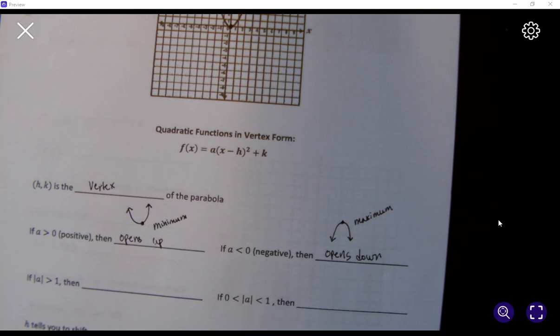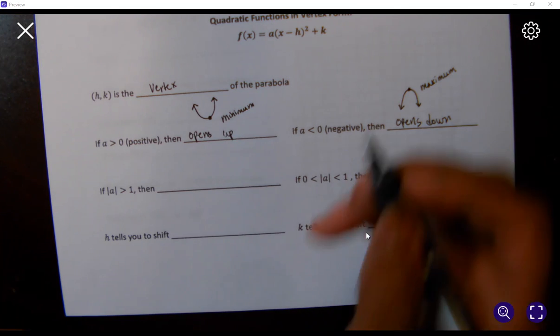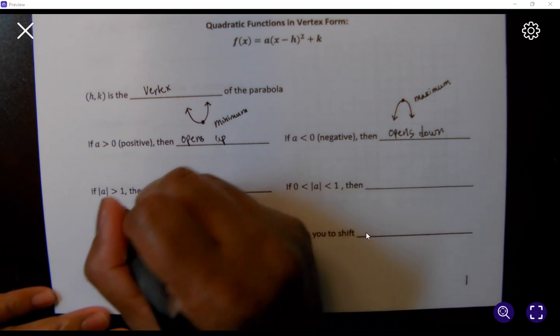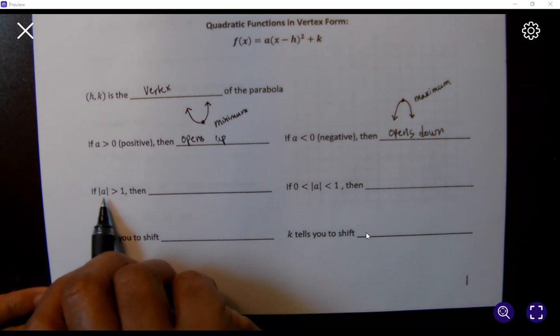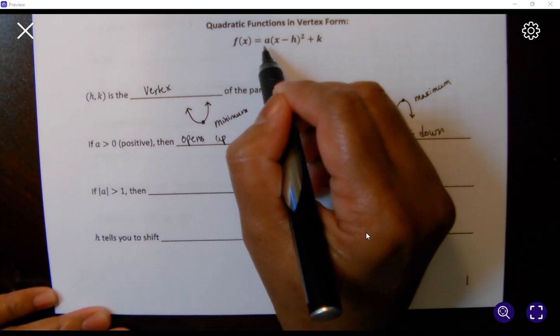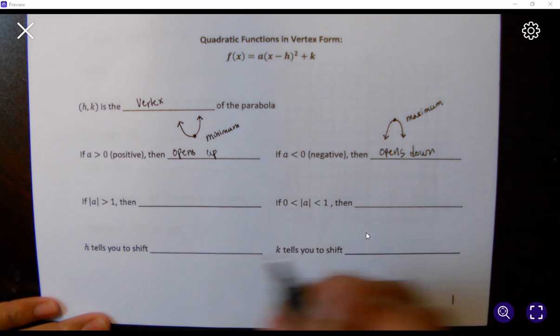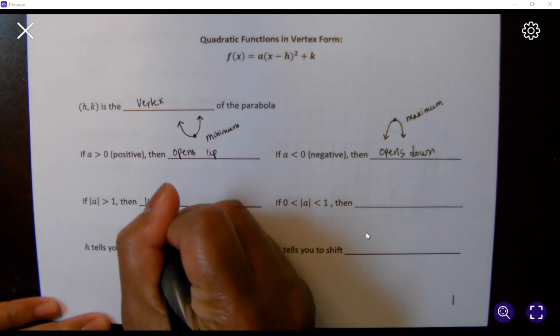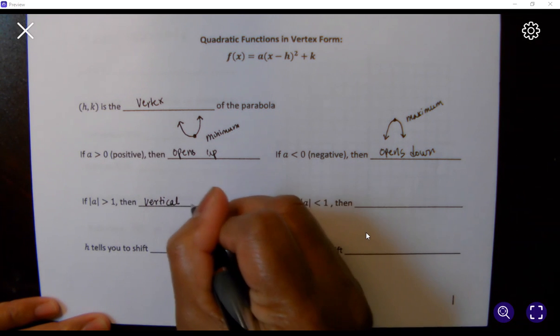Okay, and then so here, if your A is greater than 1, and this absolute value tells you that this number could be positive or negative as long as it's greater than 1, we call it a vertical stretch.